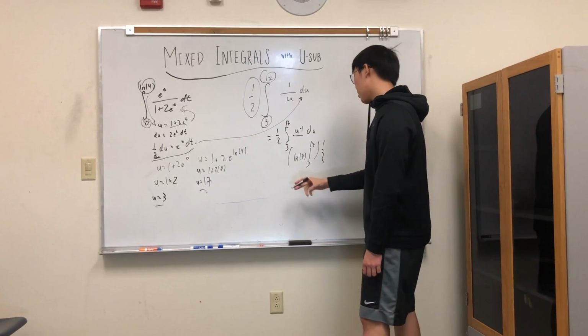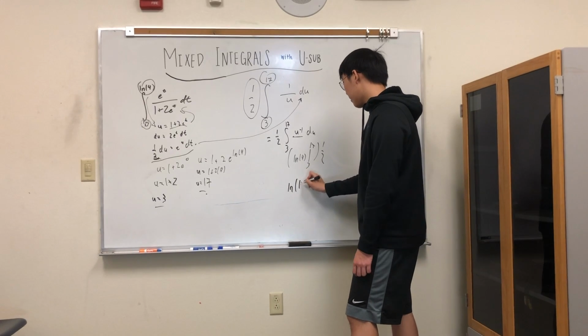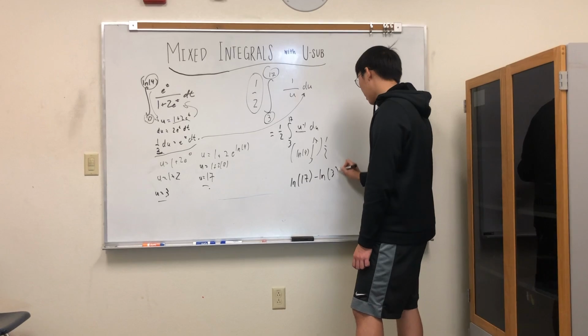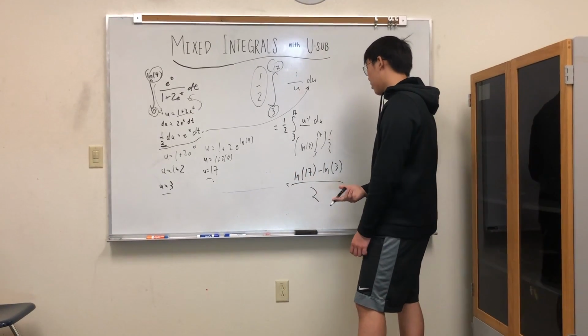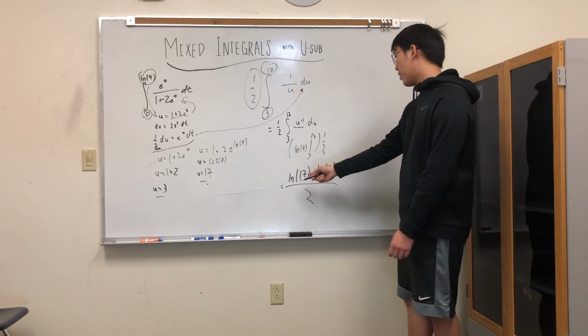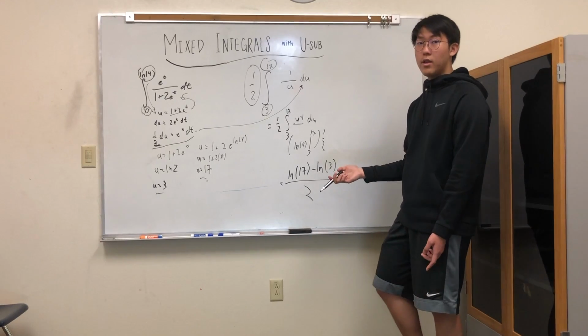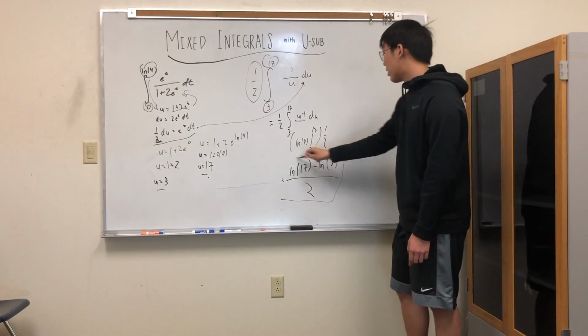So eventually we just get ln of 17 minus ln of 3 over 2. And from here, you have to use a calculator to find out what ln of 17 and ln of 3 is, and that's the furthest you could get without using a calculator.